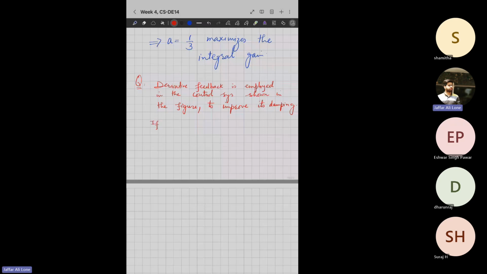So as of now, it's given in a control system, we are employing a derivative feedback to improve damping. I told you why we are using these controllers, we want something desired.